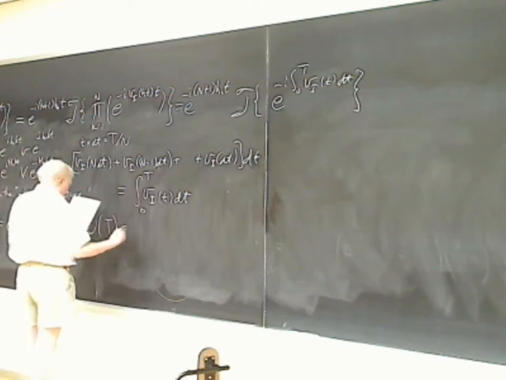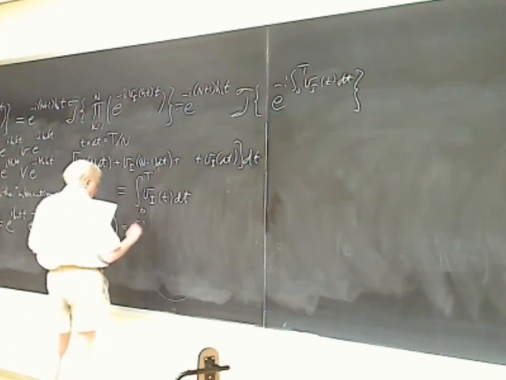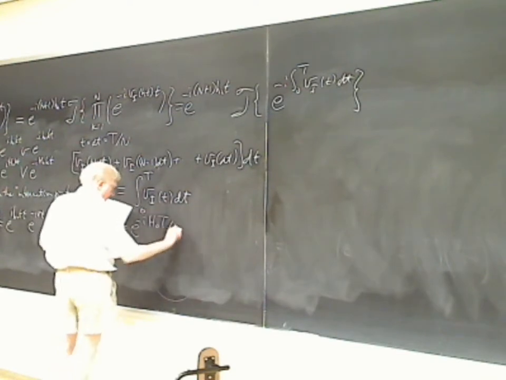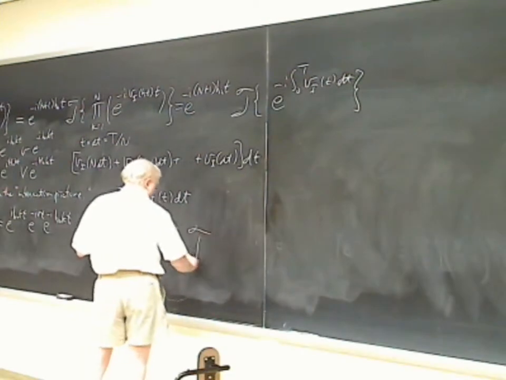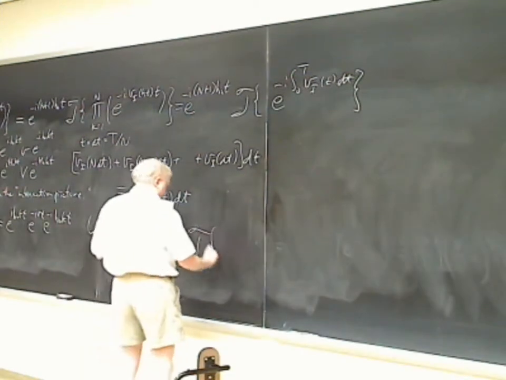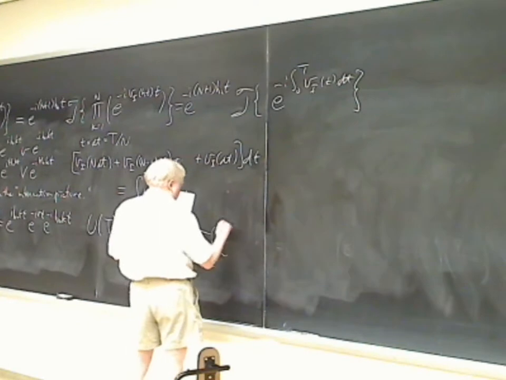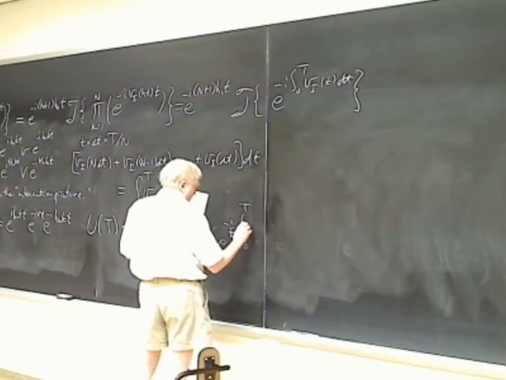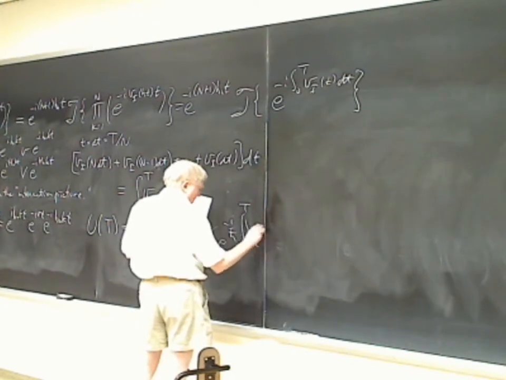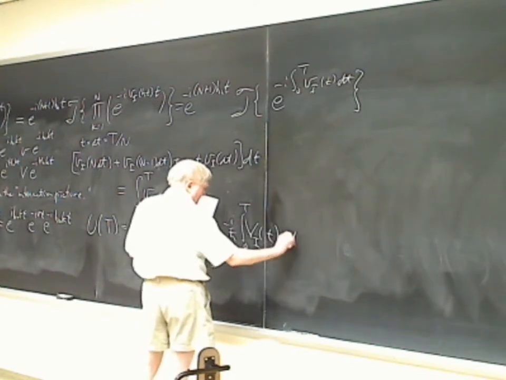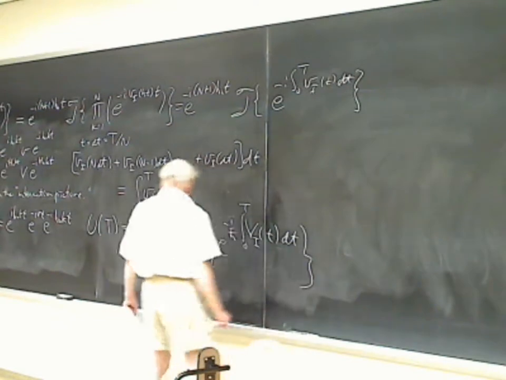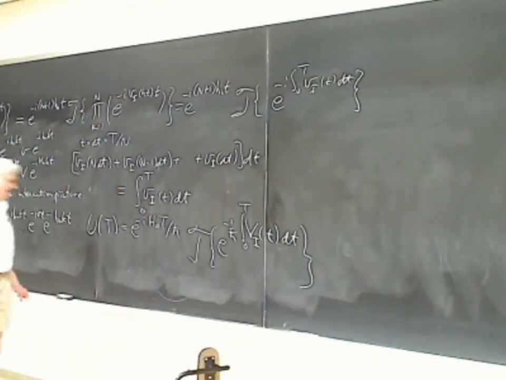U of t is e to the minus I h0 big T over h bar, time-ordered product of e to the minus I over h bar integral 0 to t v sub I of t dt. Okay, so that's our expression for this thing.